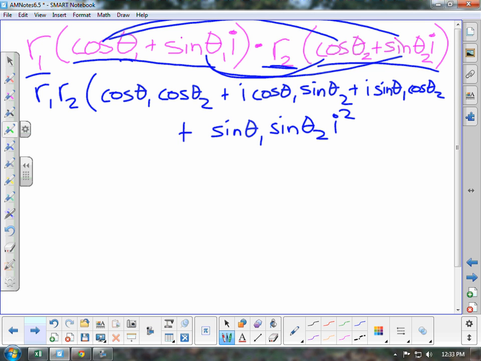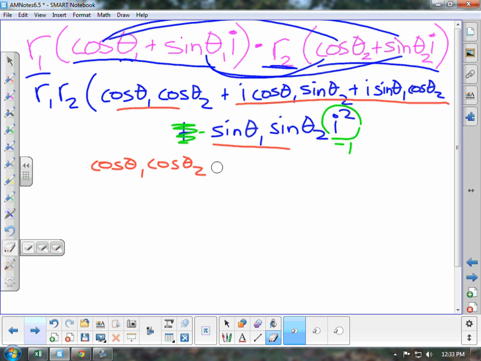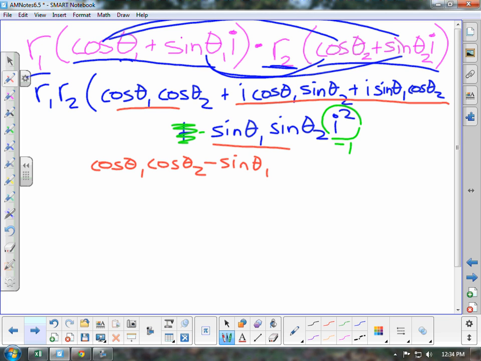And now we know that i squared is -1, so that turns this into a negative sine. Since these two both have i's in them, we're going to put those next to each other and then put these two next to each other, and we are going to have cosine theta 1 cosine theta 2 minus sine theta 1 sine theta 2.